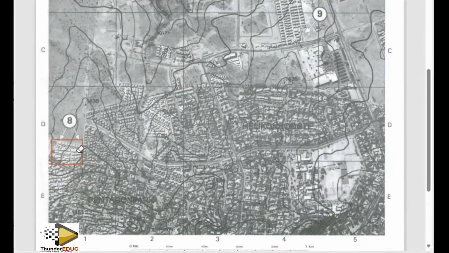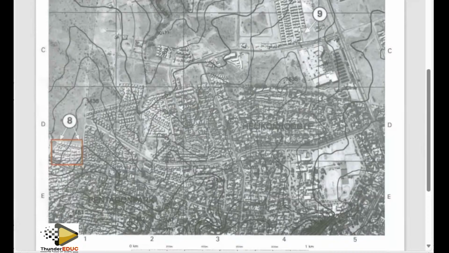Do not confuse between settlement pattern and settlement shape. We only have two patterns of settlements. Either it's clustered or nucleated, or it's dispersed. Those are the two patterns. So if anything which doesn't address dispersed or nucleated is not pattern, it's shape. Shape and pattern are not the same.